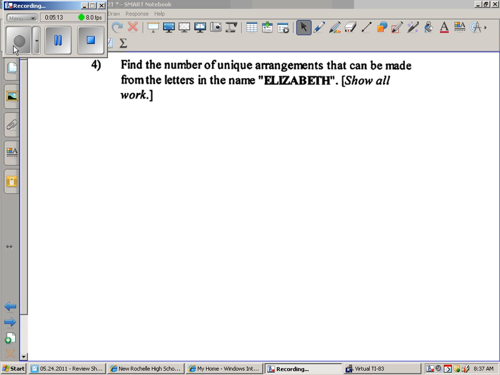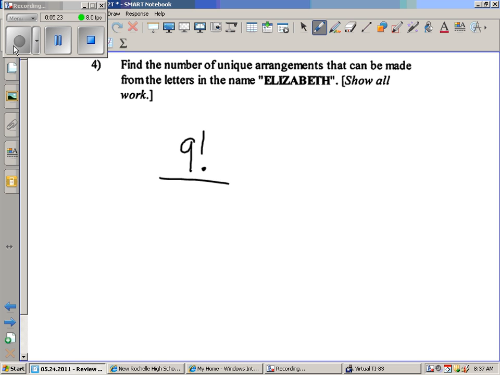Okay. How many different unique arrangements can be made from the letters in Elizabeth? How many letters we got there? Okay. So there's definitely 9 factorial ways that that can be done. There are 2 E's. Is that all the repeats that there are?